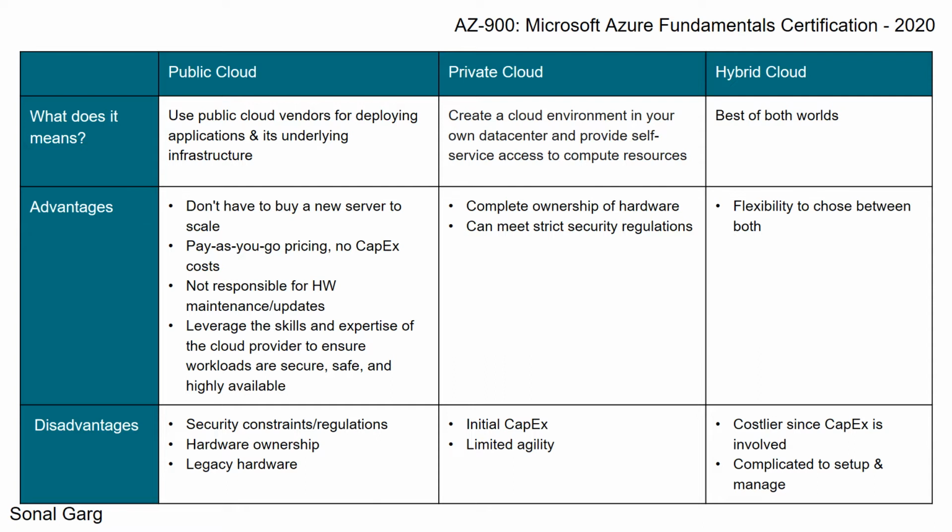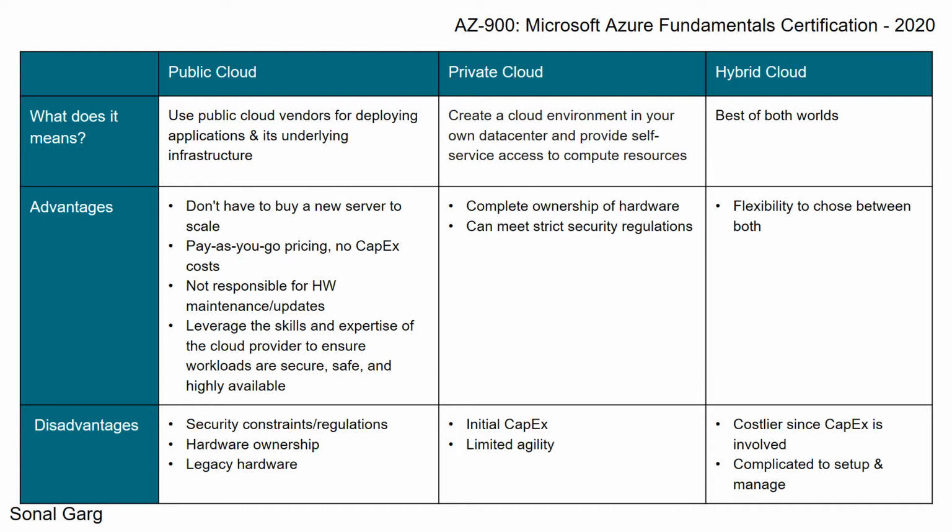And the disadvantage that comes with public cloud is, first, if you have very strict security regulations that you need to adhere to, which public cloud vendors are not compliant with, then you can deploy your applications in a private cloud or your on-prem environment. Second is hardware ownership. Since it is the responsibility of the cloud vendor to own the hardware, you don't get the ownership of the hardware. So that is a disadvantage for the public cloud.